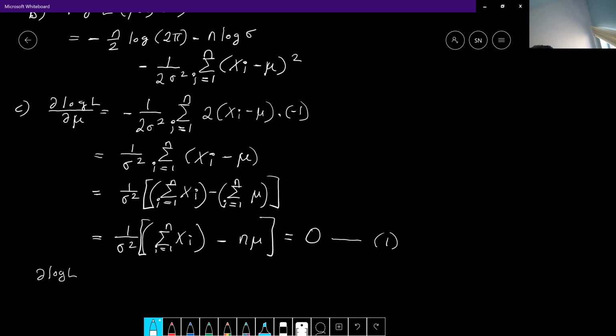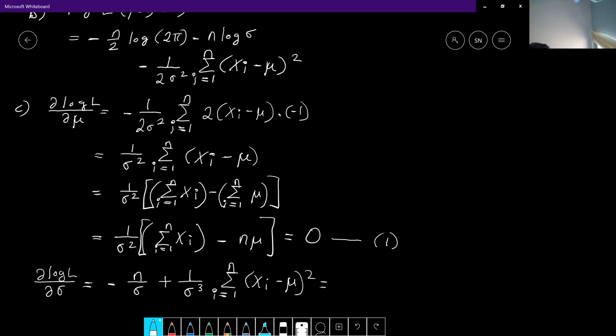So if you differentiate with respect to sigma, for instance, you get n over sigma plus 1 over sigma cubed times the sum of squared deviations. You set this to 0, and let's call this equation 2, right?